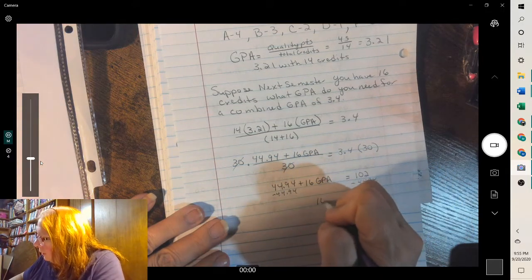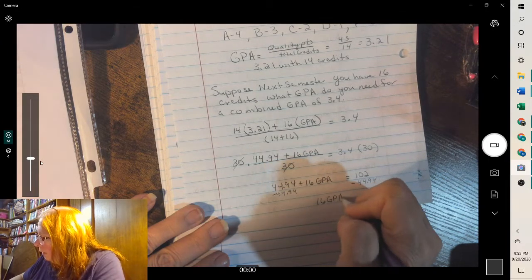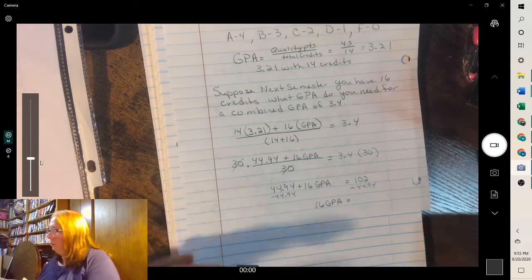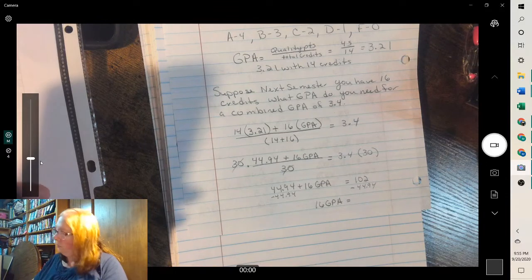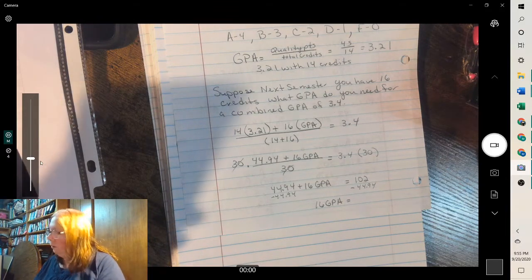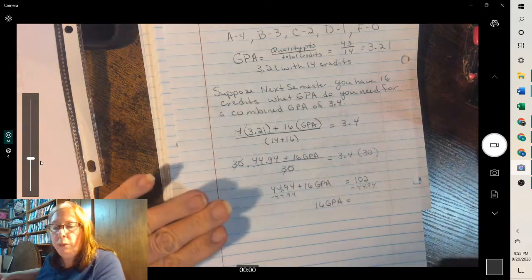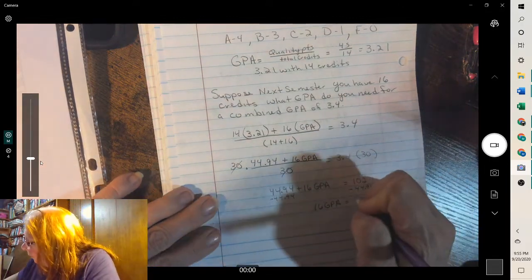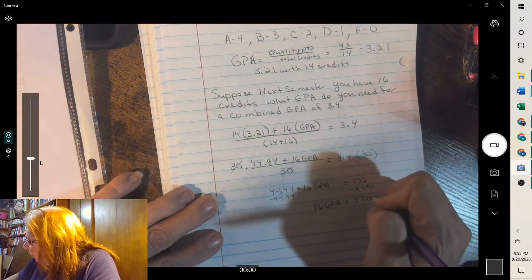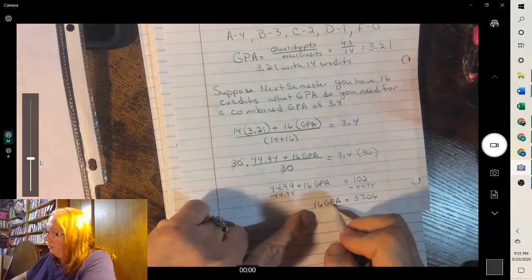So we have 16 GPA equals 102 minus 44.94, which is 57.06. Still trying to get this by itself.